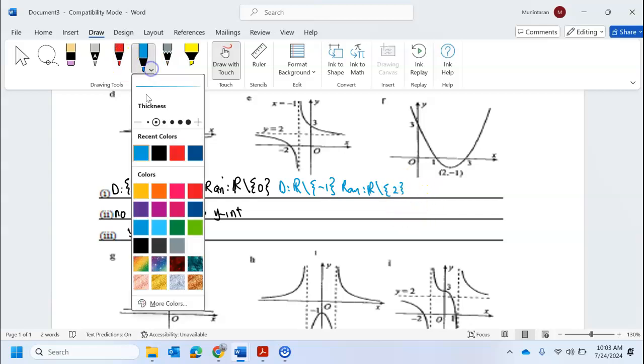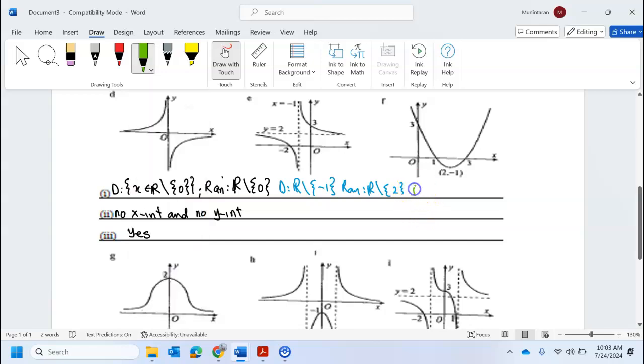For the next F domain, you can say your X subset of a real. That's it.